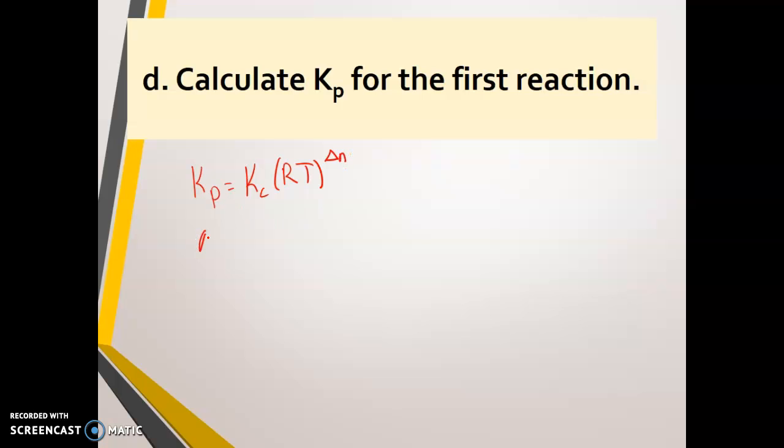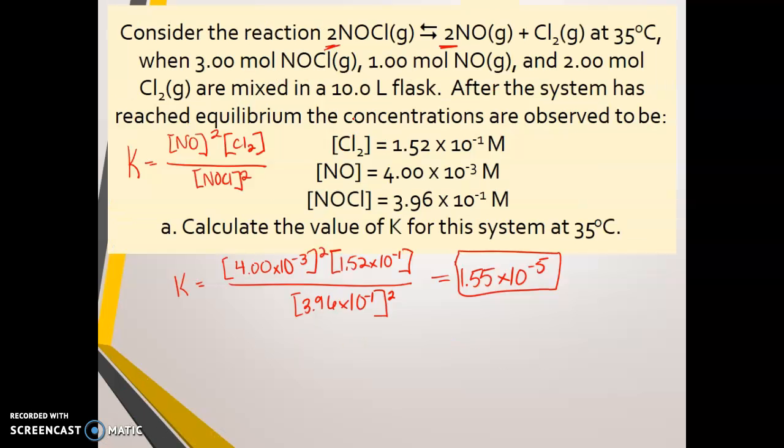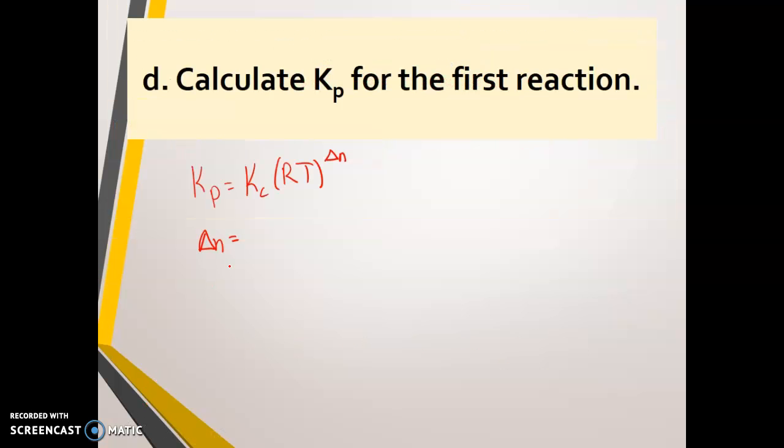So let's look at our change in moles to begin with. We have 3 moles of products, 2 moles of NO and 1 mole of Cl2, and 2 moles of reactants. So 3 minus 2 is equal to 1.